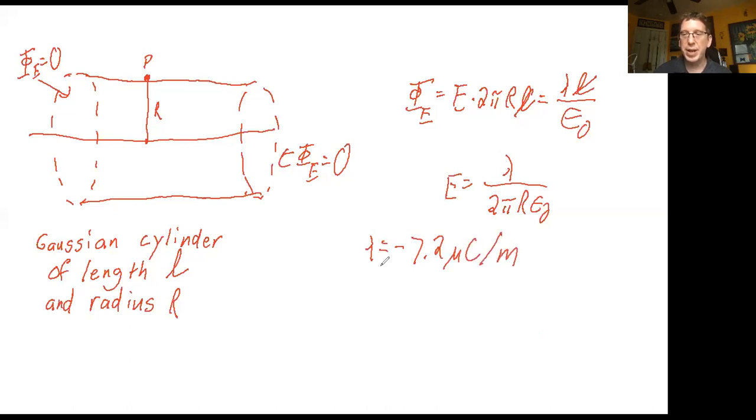So we're given lambda, and so for A, we have the electric field is equal to negative 7.2, and we'll write it out in scientific notation, times 10 to the negative 6 coulombs per meter, divided by 2 pi, divided by the radius, and so we're told in this case that it's 5.0 meters away.